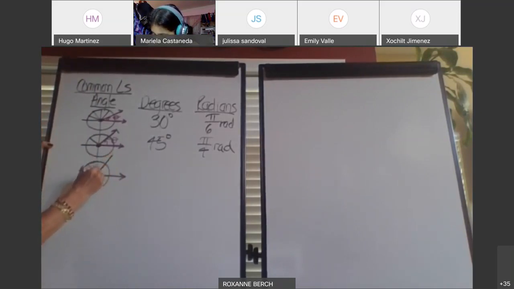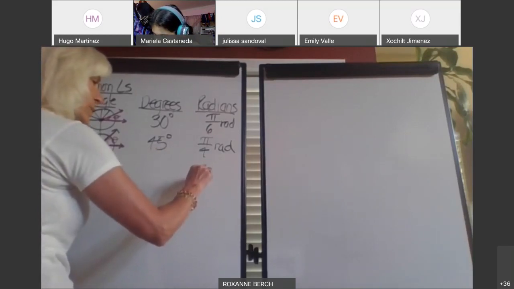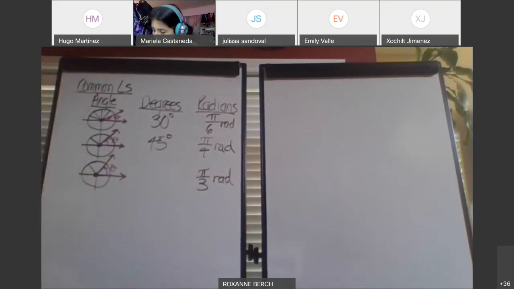When we draw this angle, we show the rotation and name the angle. These are all positive angles because of the counterclockwise notation. This would show 1/3 of pi, which is pi over 3 radians. It's easier to see this, and harder to see the degrees. That's why we don't like working with degrees too much. But this would be 30, 60, 90. It would be at the 60 degree angle.